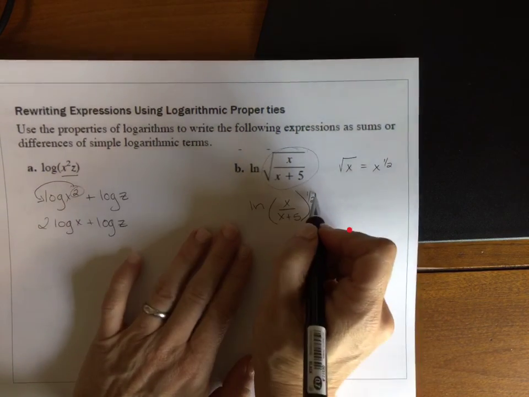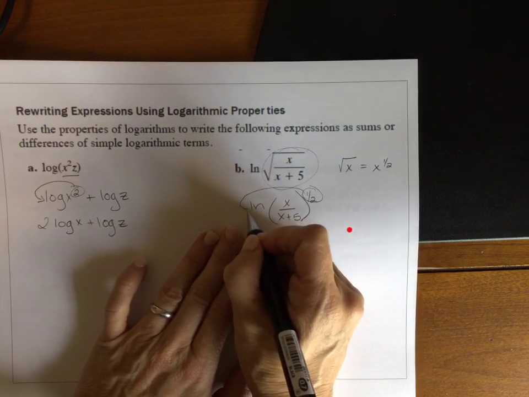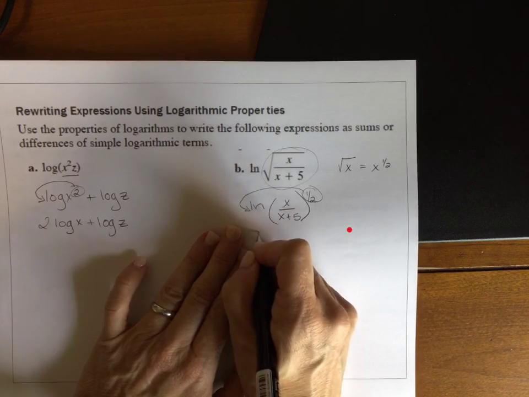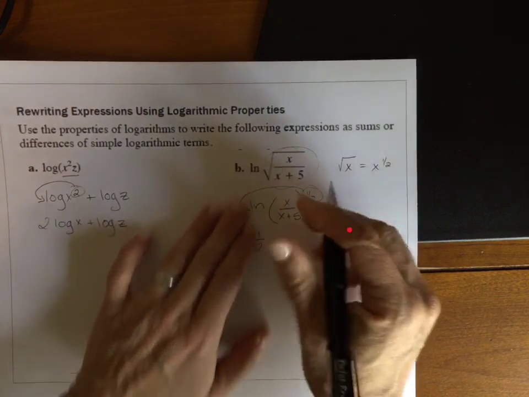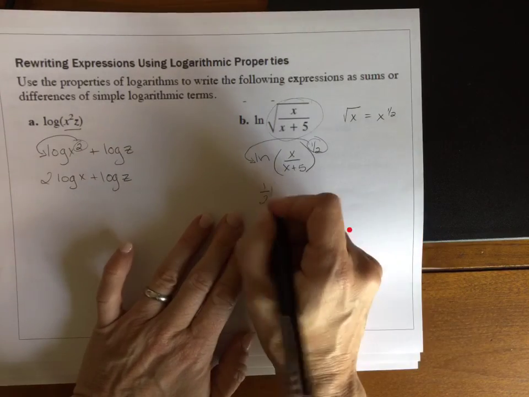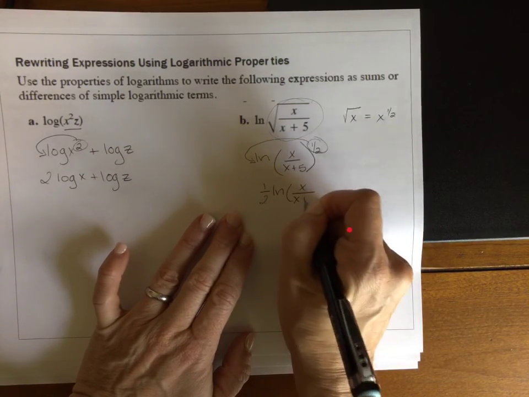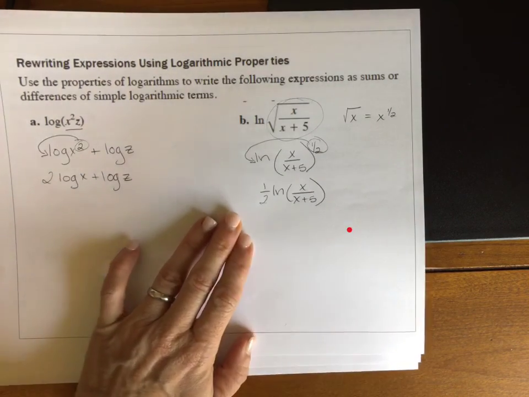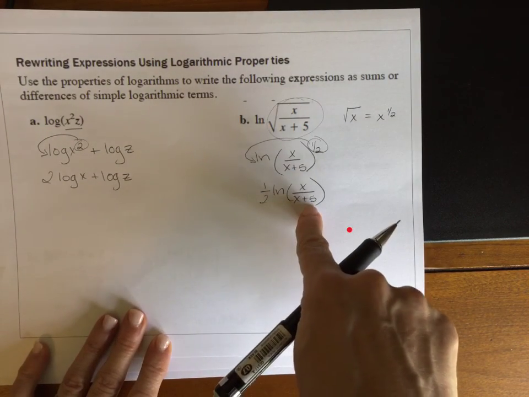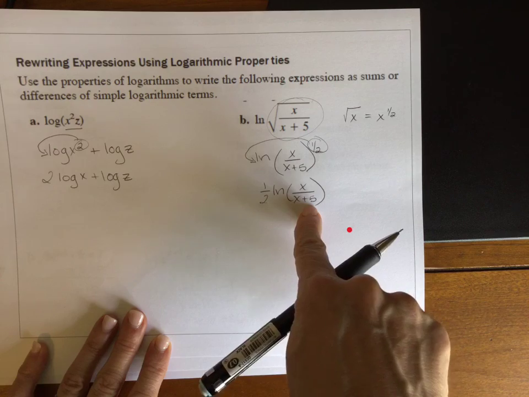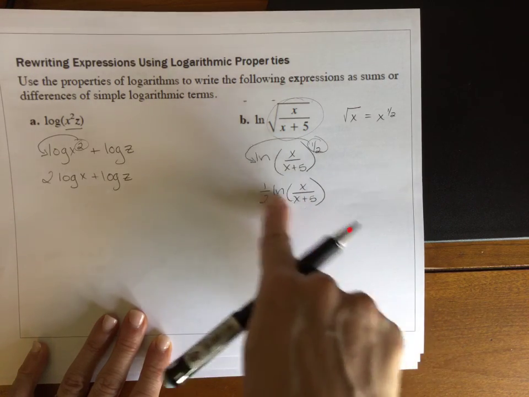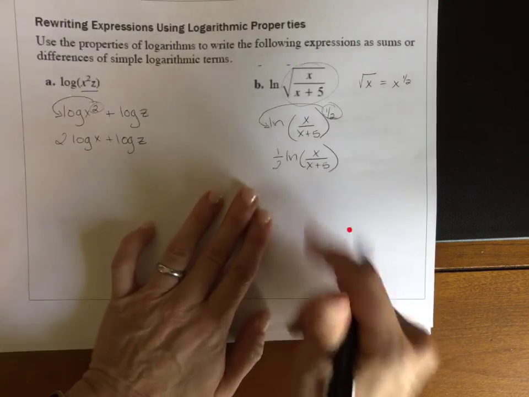Now we'd want to use the power property, so that comes out front. So we're going to have the 1/2 times the natural log of x divided by x plus 5. Now division here, that was subtraction, but this whole thing is multiplied by 1/2, so be careful.